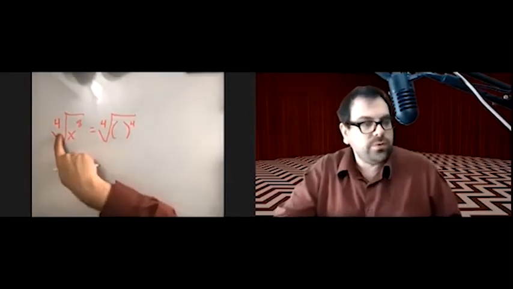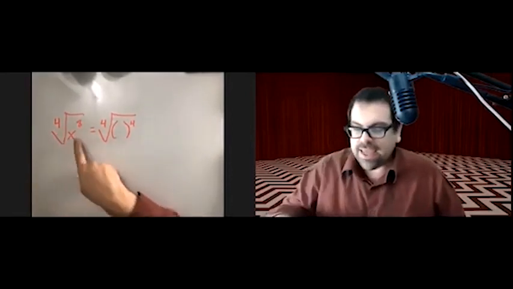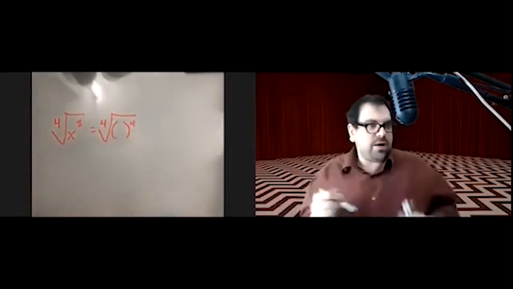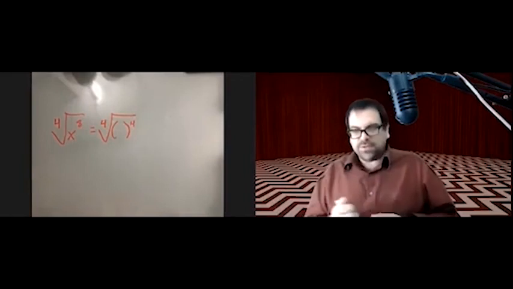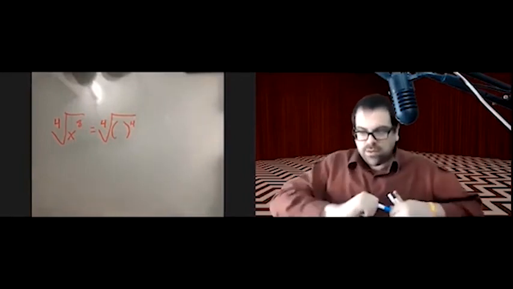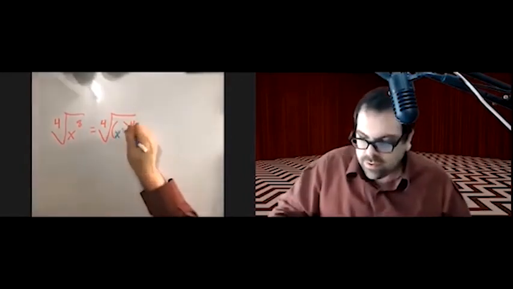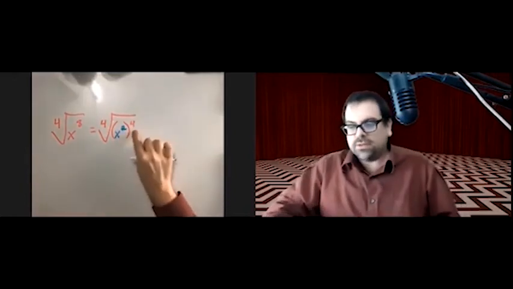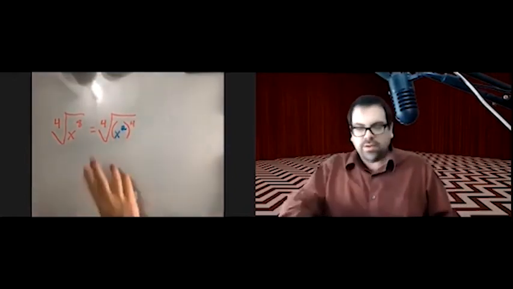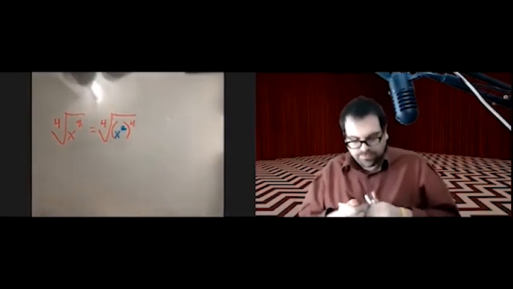Since it's a fourth root, can we write x to the 8th as something to the 4th power? And we absolutely can. X squared to the 4th is x to the 8th.